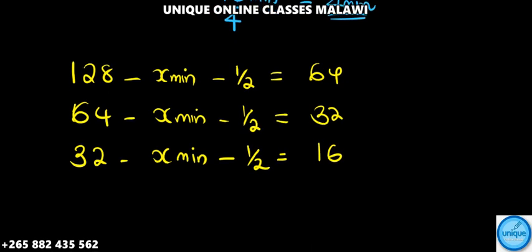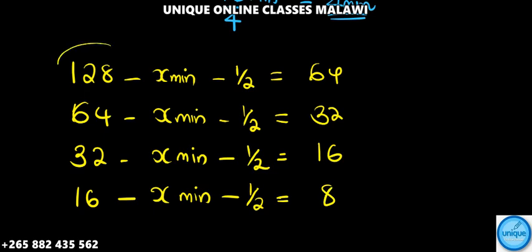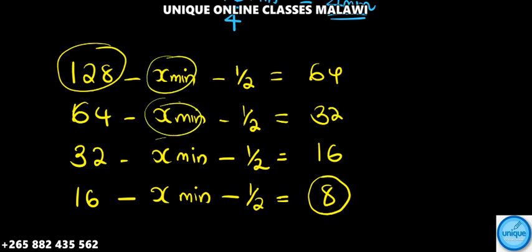Then we take 16, and after x minutes half of 16 is 8. So you can see with the initial 128 and the final 8, each step took x minutes.